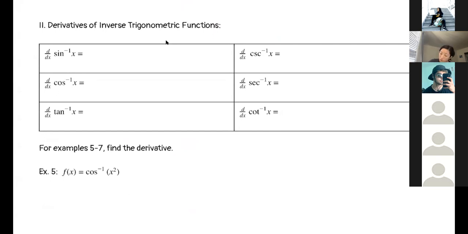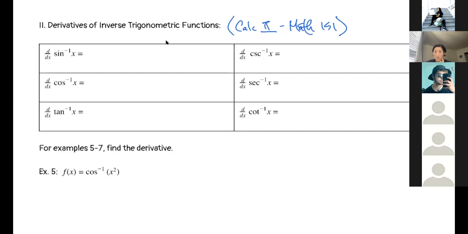And for those of you who are planning on taking Calc 2, these come up a lot in Calc 2 or Math 151, okay? We're not going to use these a lot in this class. We will a little bit for some practice, but you're going to use this a lot in Calc 2. Okay, this is one of those things, it's like kind of squirrel this away for Calc 2, but learn how to use the rules in Calc 1, okay?